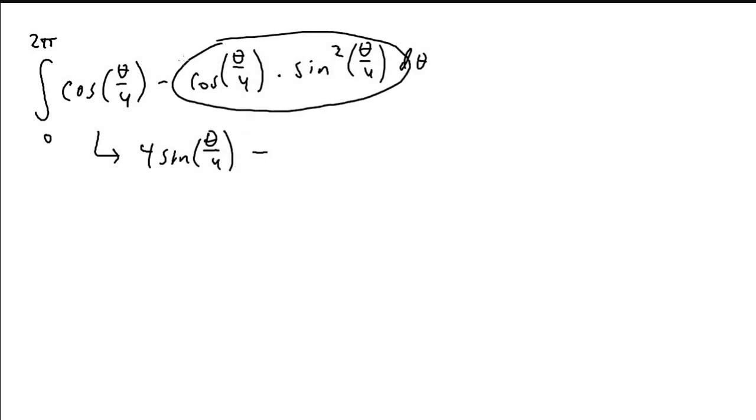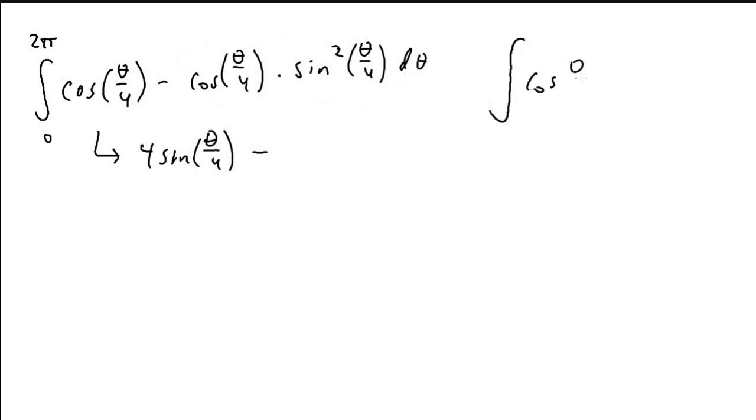So in order to take the integral of this, we can use u substitution. So I'm just going to rewrite just that integral: cosine of theta over 4 times sine squared of theta over 4. And actually I'm going to rewrite sine squared of theta over 4 as sine of theta over 4, the entire thing squared, d theta, because now what I can use is u substitution with my u being sine of theta over 4.